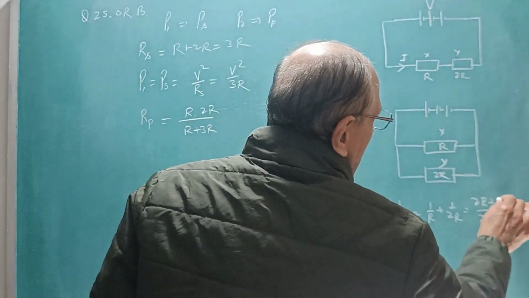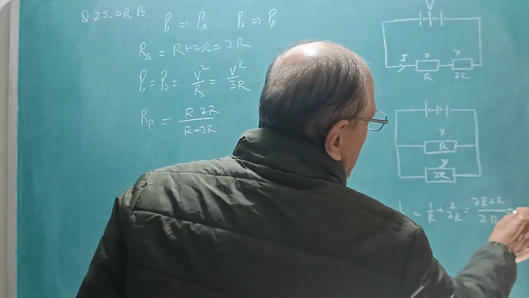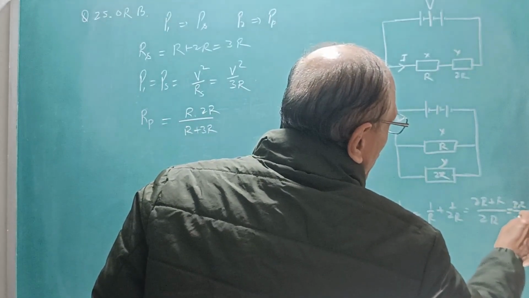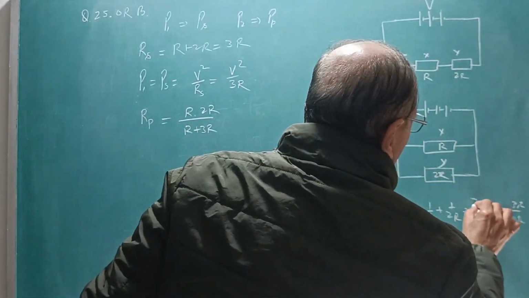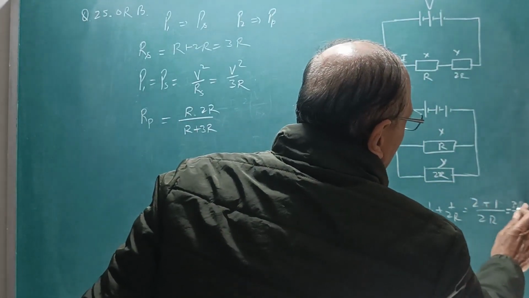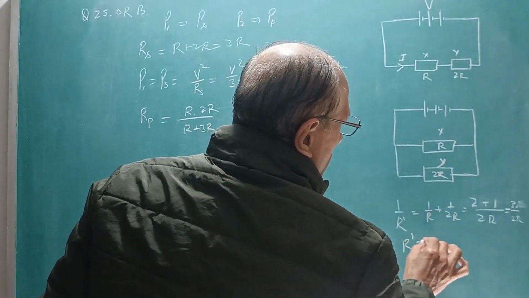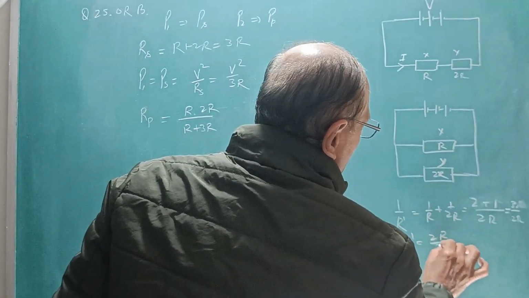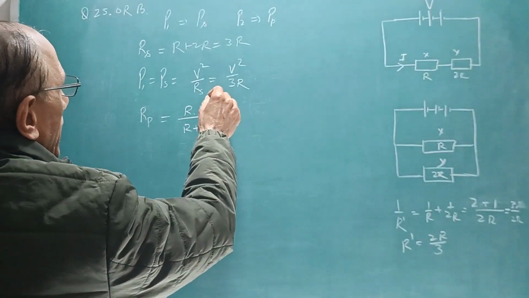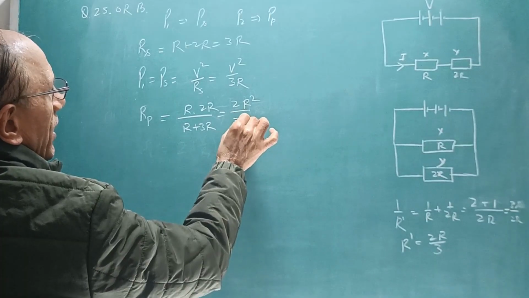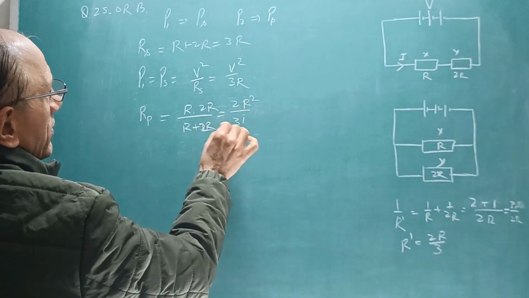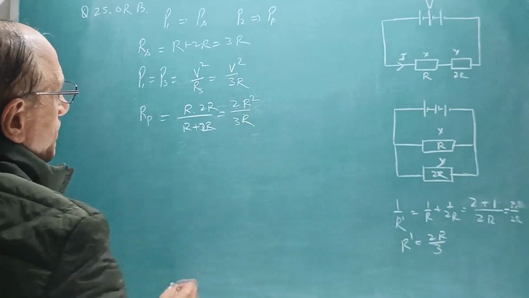So you get resultant LCM 2R, and here you get 2R plus R. So just reverse it. It is 2 plus 1, that is 3 upon 2R. So R dash will be equal to 2R upon 3. So here it will be 2R square upon 3R.